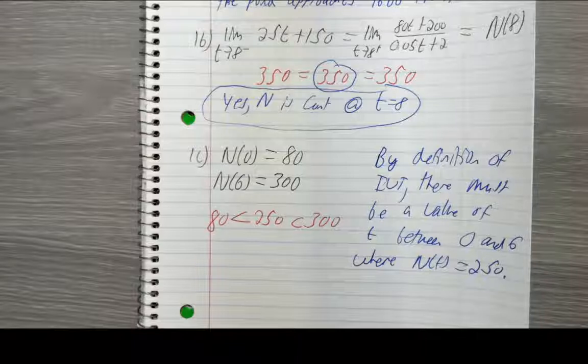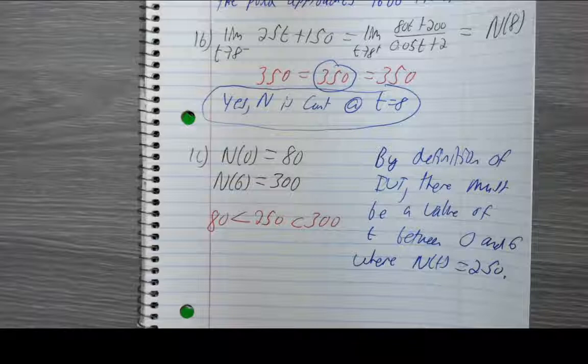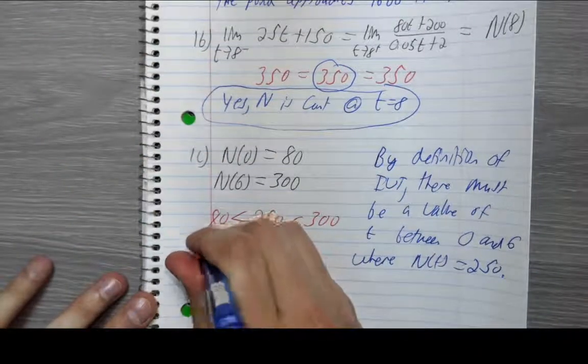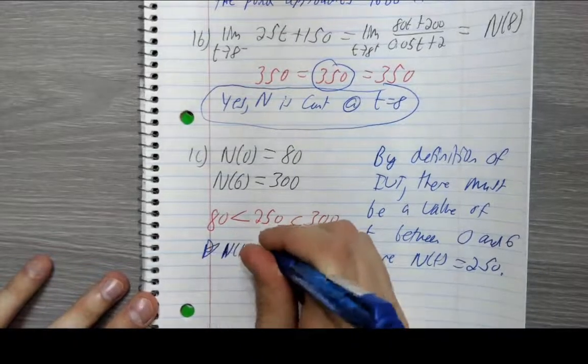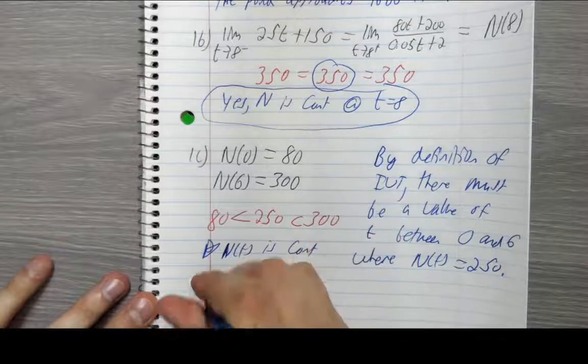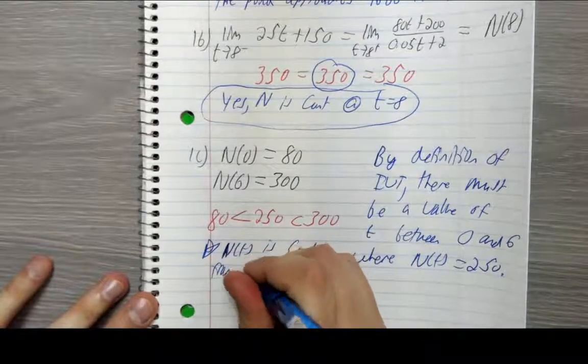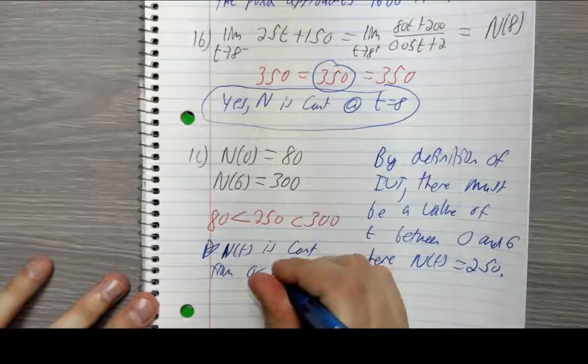Now, really quickly, I want you to think about this. I'm missing one important piece to this question. That important piece is that I need to state it's continuous. I know it gave it to me. I know it's implied because we can read the question and it tells us that. But what I would recommend doing is, somewhere in that answer or somewhere before, specify n of t is continuous from 0 to 6.